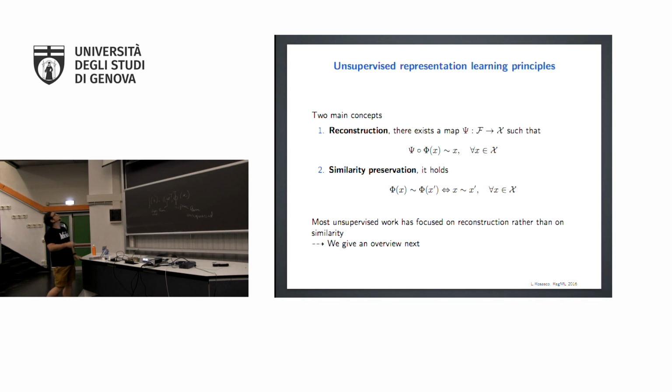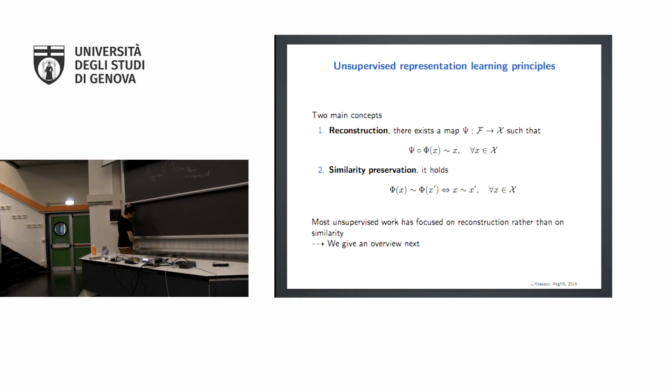It turned out that the first idea has been developed much more than the second one, whereas the second one has been mostly developed in a supervised setting, where you assume that somebody comes to you. I'm going to tell you later on a bit more about this, but oftentimes what people did is say, I come to you with x_i, x_j, and then a label y_ij.